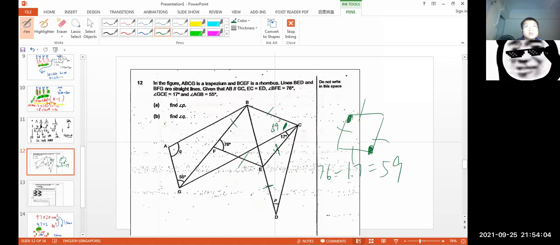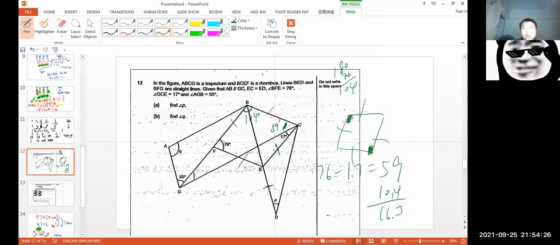Okay, so if this is 76, then you can find out here already, which is 180 minus 76, 104. Then if this is 104, this is 59, I think you can find out this already, right? So 104 plus 59, 163.